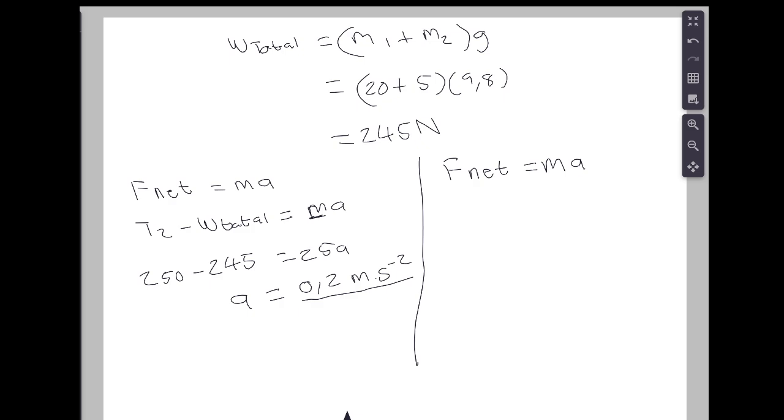Now, I'm going to say T1 minus weight is equal to mass times acceleration. Now, T1 is what I want, so I'm going to leave T1 like that. Then I'm going to say mass times acceleration plus weight will give us T1.